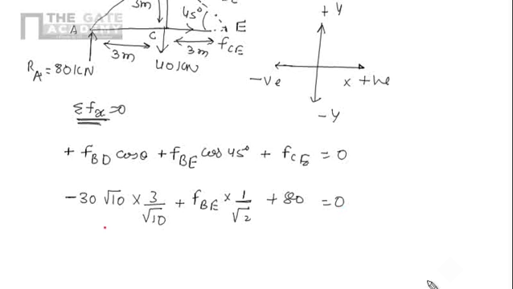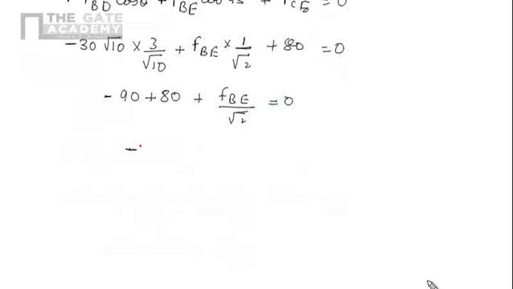Now if we simplify it, that is minus 90 plus 80 plus FBE by root 2, so we have minus 10 plus FBE by root 2 equals 0. So FBE will be 10 into root 2 kilonewton.